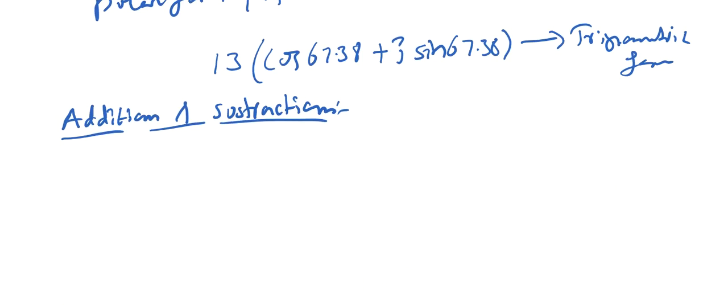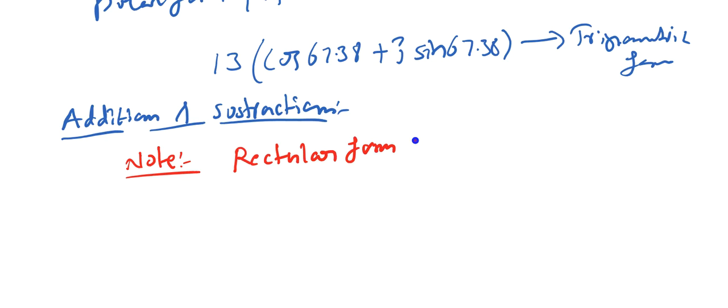Take one note here, something you need to understand. For addition and subtraction of Phasors, you need to use the Phasor in rectangular form. Rectangular form Phasors are best suited for addition and subtraction.